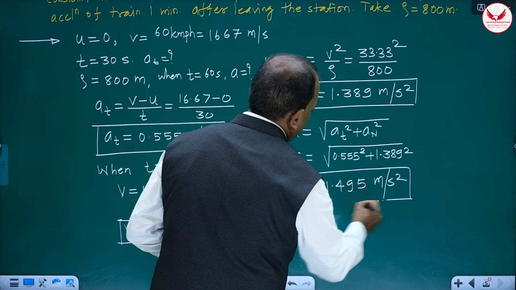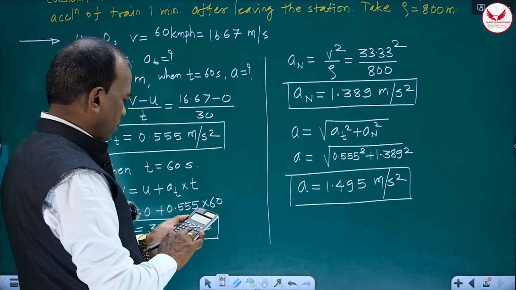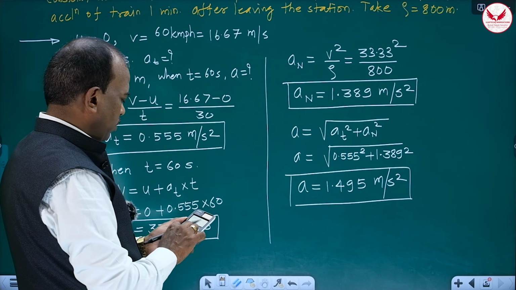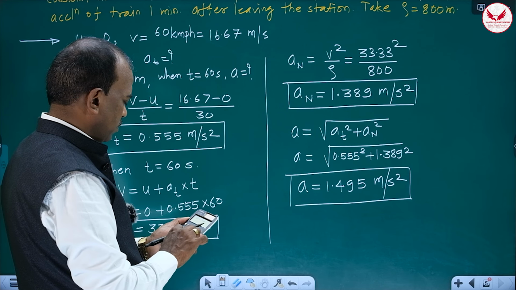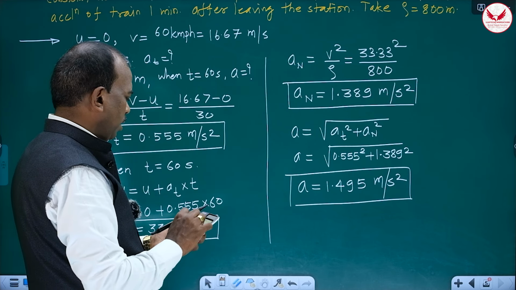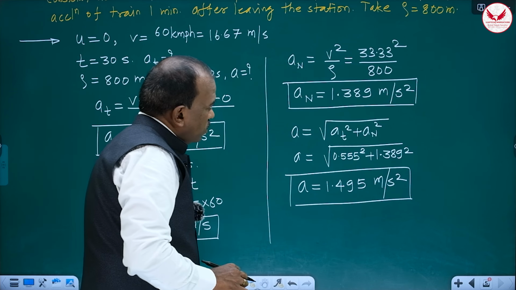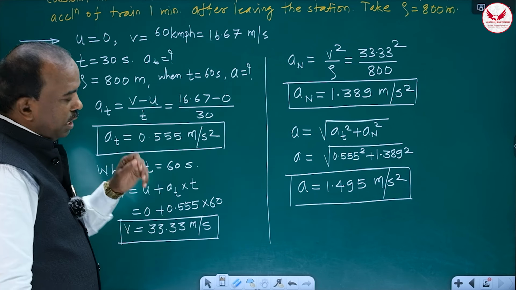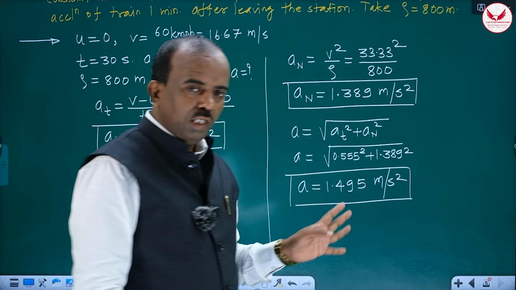This is the total acceleration. Or once again I'll check. 0.555 square, make the calculation twice. 1.495, it's correct.